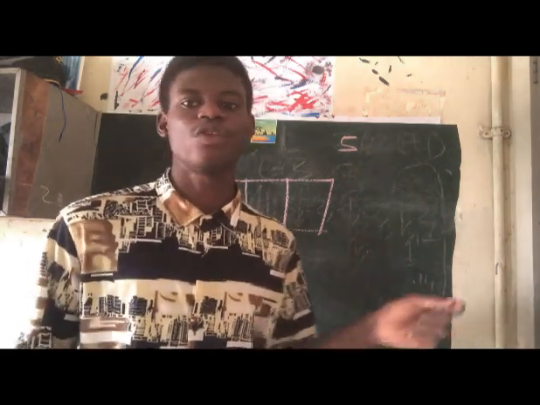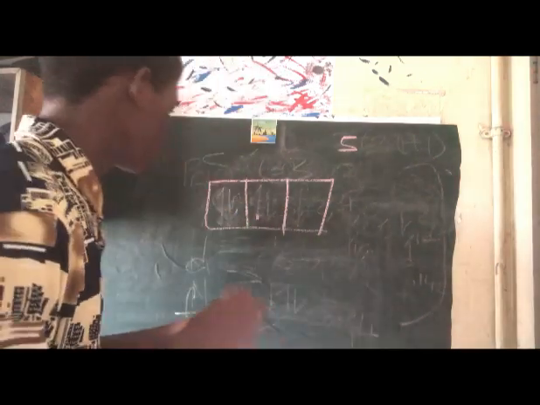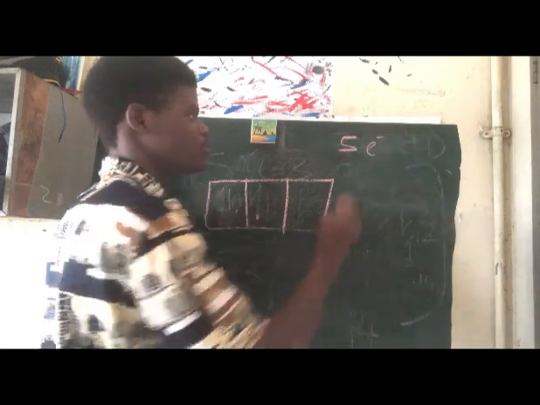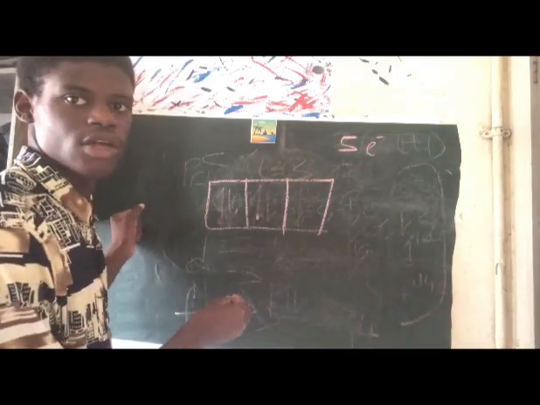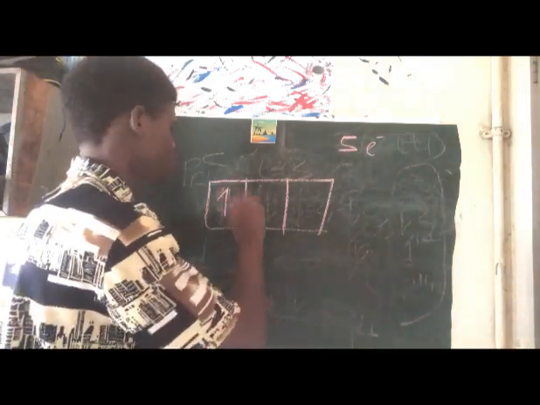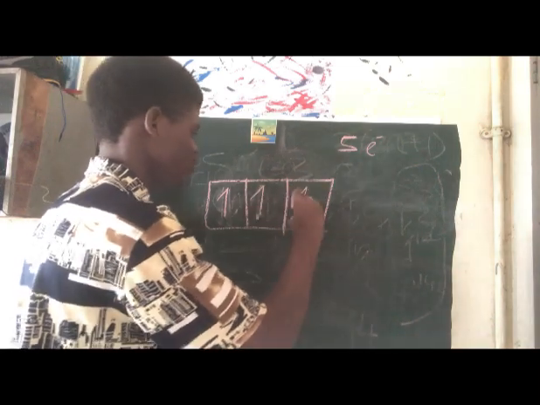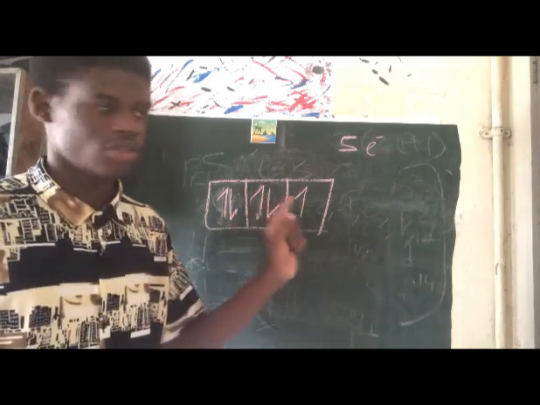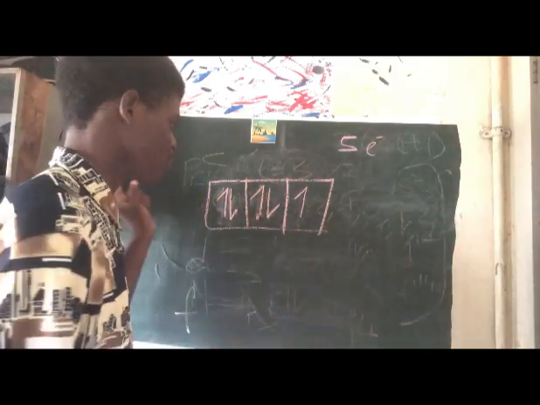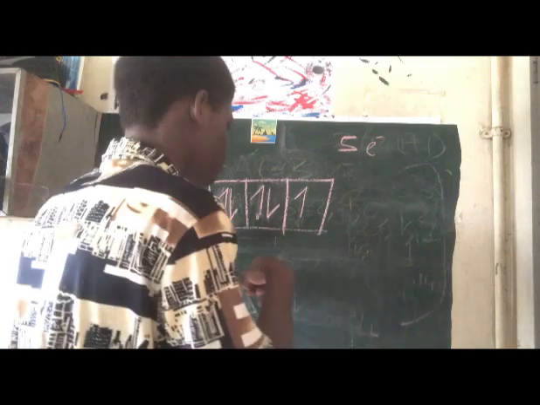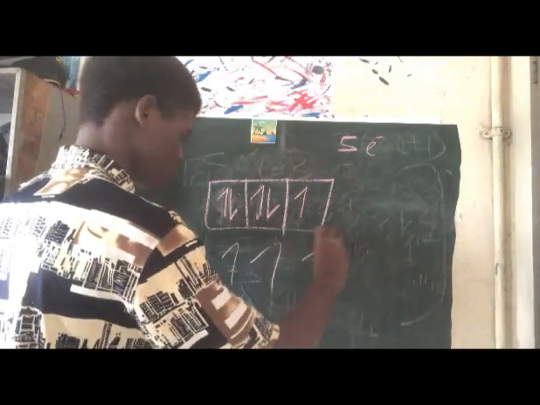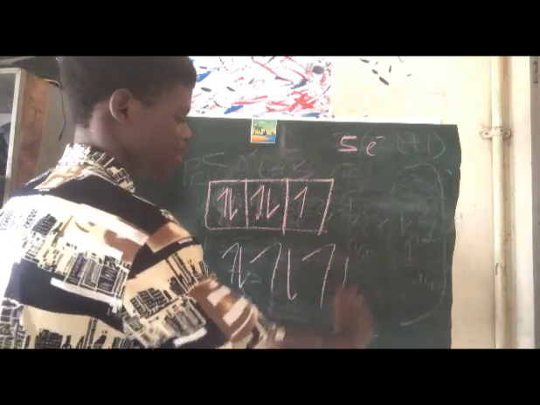For us to fill it, we need to fill the orbitals one by one before we now pair them. So with 5 electrons using Hund's rule, we have 1, 2, 3, 4, 5. You first fill each once before you come back for the pairing.